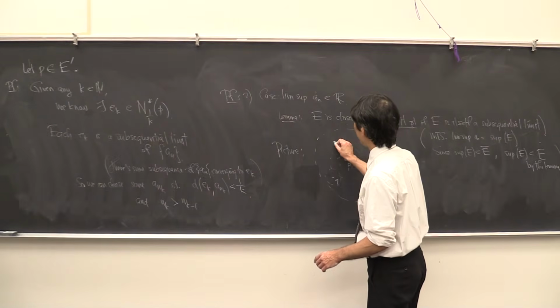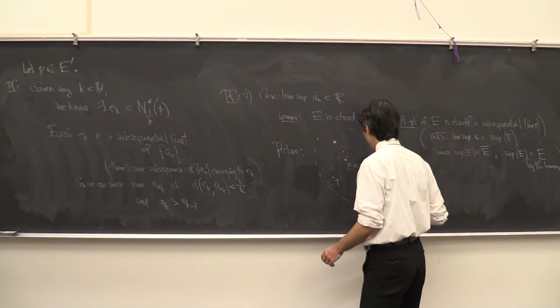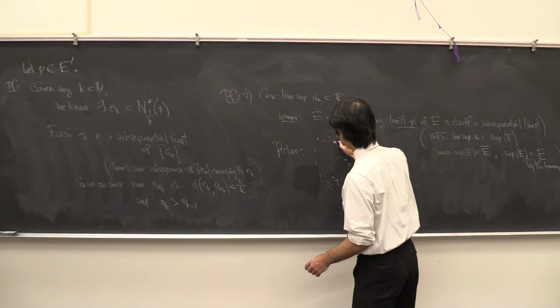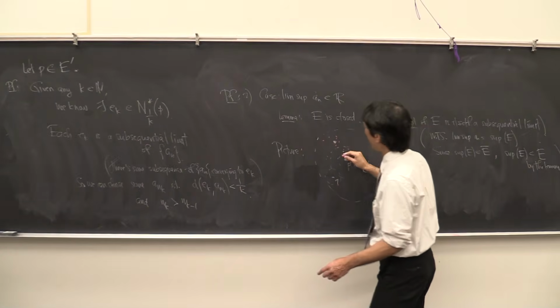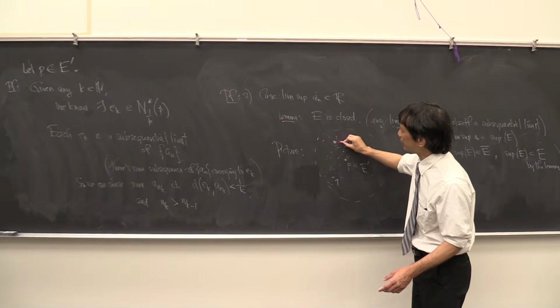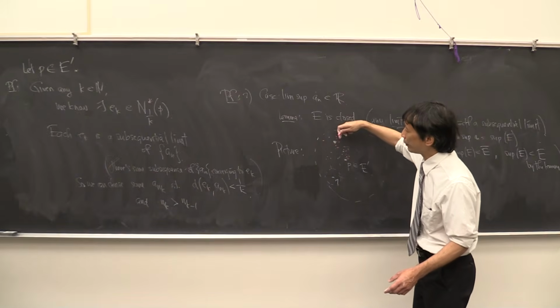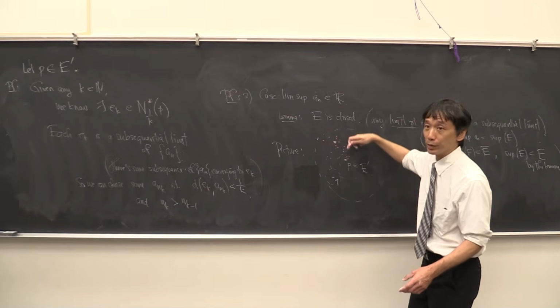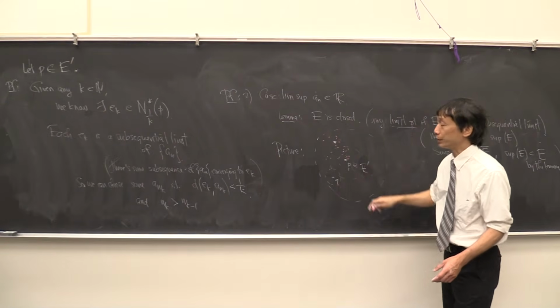Each of these things has, in turn, a subsequence converging to it. And we're going to say, okay, I'm going to take this guy from here, this guy from here, this guy from here, and I create a subsequence out of those subsequences that converges to P. Yeah, that's what's going on.